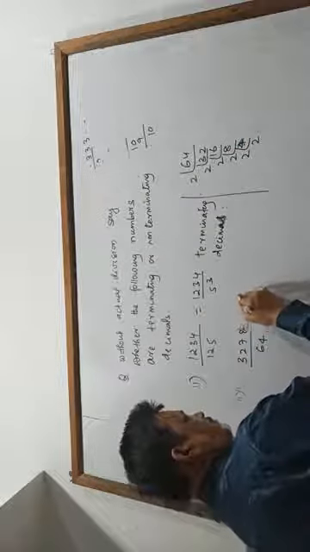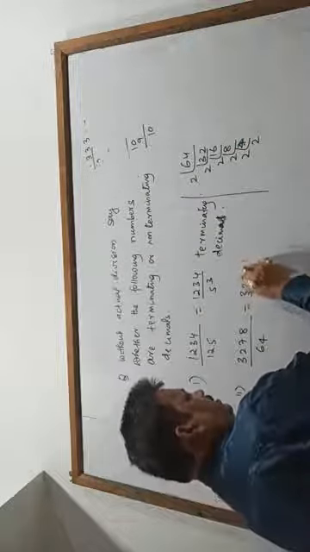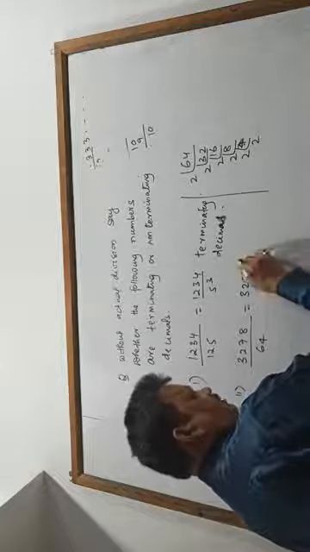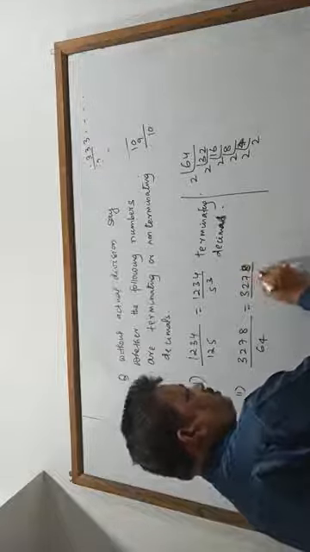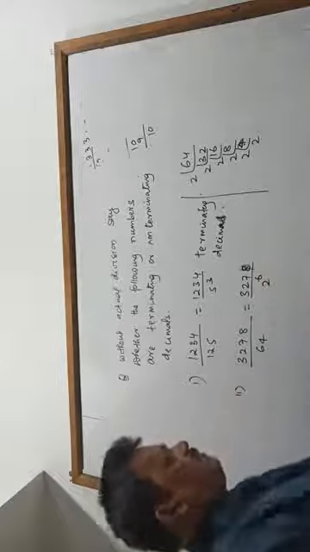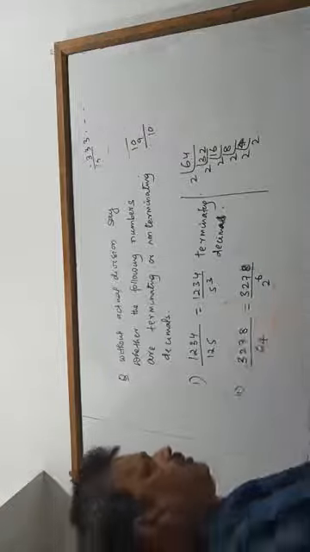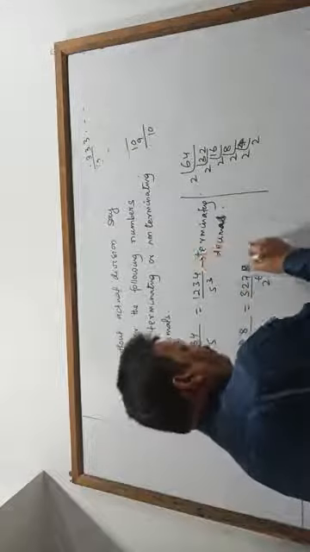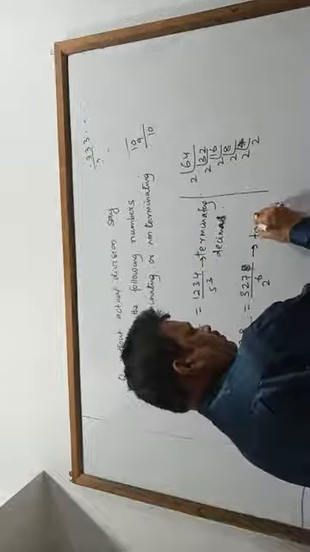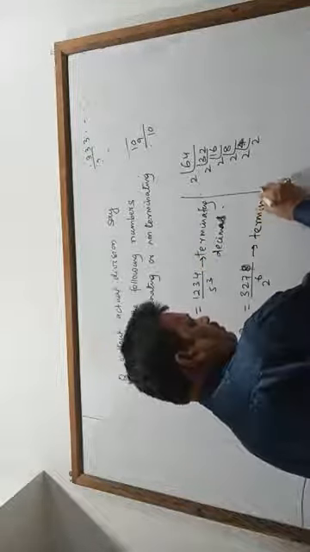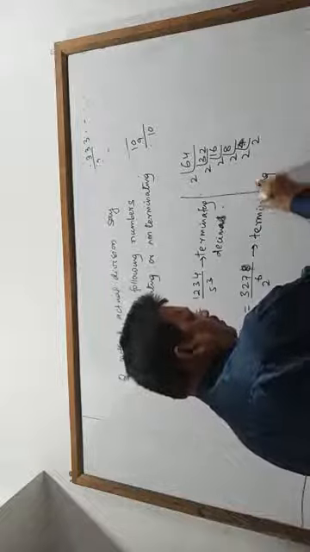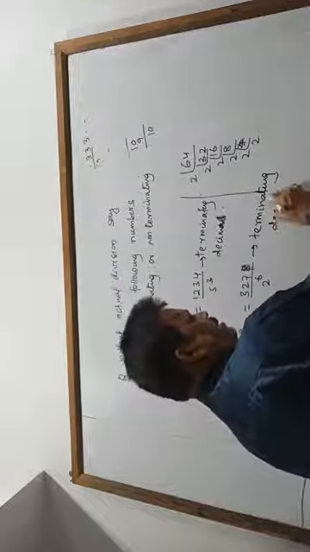This is 3278 by 2 to the power 6. If it is factor of 2 also, terminating. Terminating decimal.